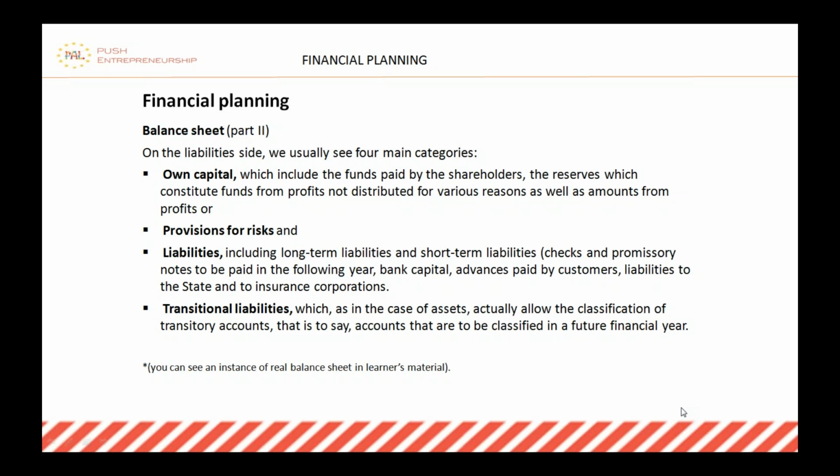And liabilities, including long-term liabilities and short-term liabilities. Transnational liabilities, which, as in the case of assets, actually allow the classification of transitory accounts, that is to say, accounts that are to be classified in a future financial year. You can see an instance of real balance sheet in learner's material.